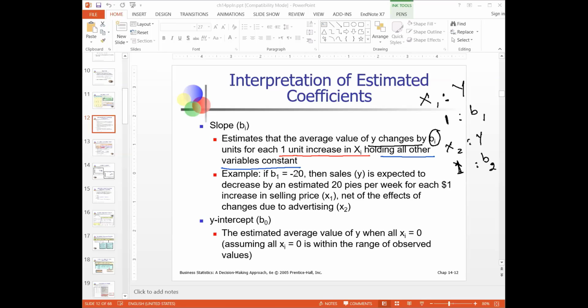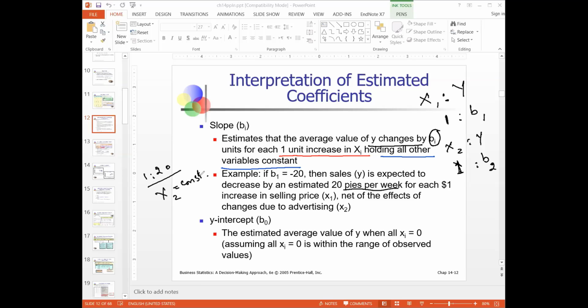So for example, if B1 is minus 20, then sales is expected to decrease by 20 pies per week. These are the units for each dollar increase in selling price. So if the seller increases the price by $1, he would expect his sales to drop by 20 pies per week. This effect of minus 20 is because of a certain value of X2, which is constant.